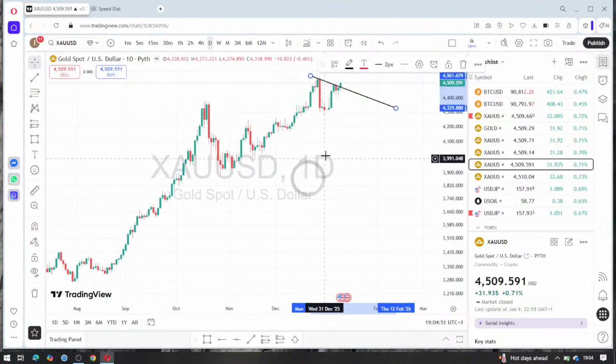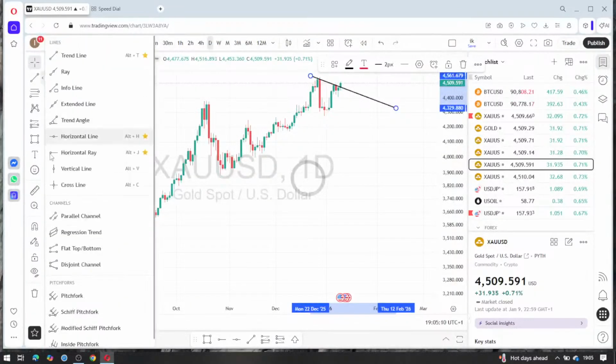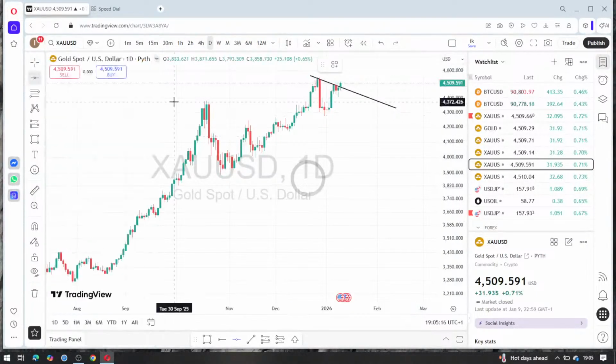So from the trend line here, we are now going to locate the other block. Okay, let's first of all represent the all-time high that we will consider as a current resistance.